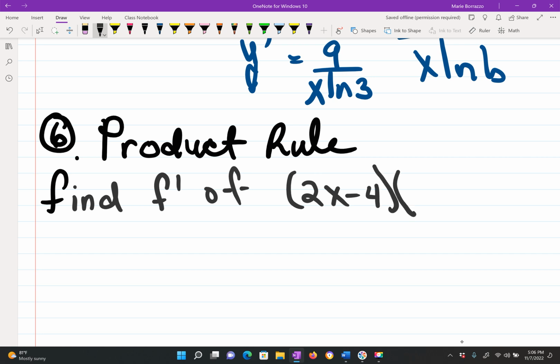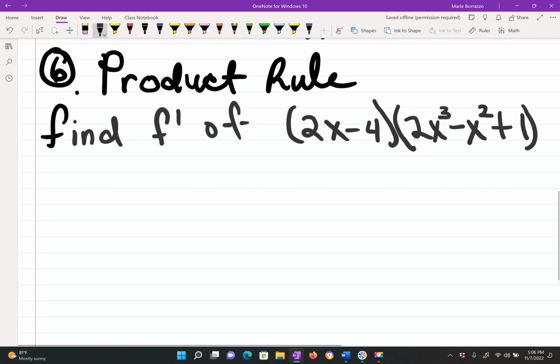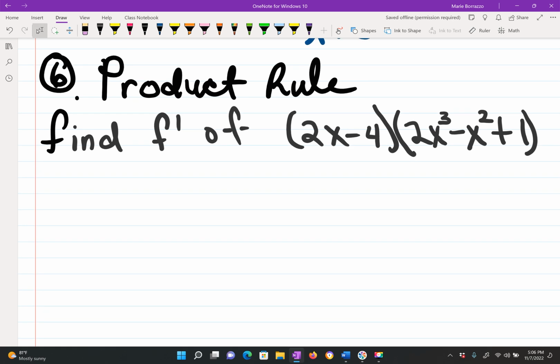Remember I showed you there's 2 ways you could do this. You can literally just multiply or distribute it and then just differentiate. But if you want to use the product formula that I showed you, we could do that too. Your choice. What do you prefer? I think you should learn the product rule.